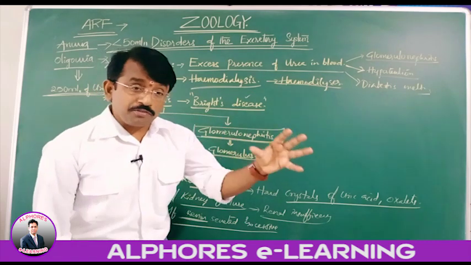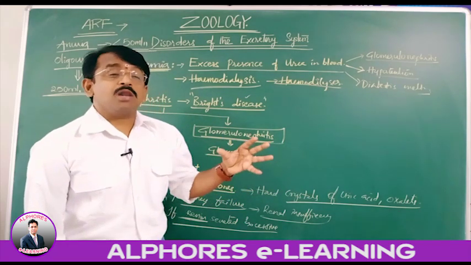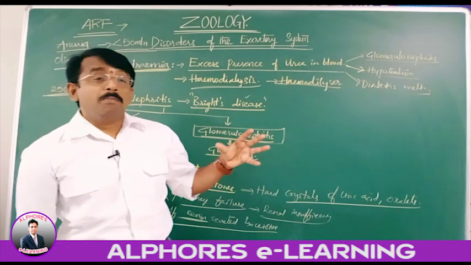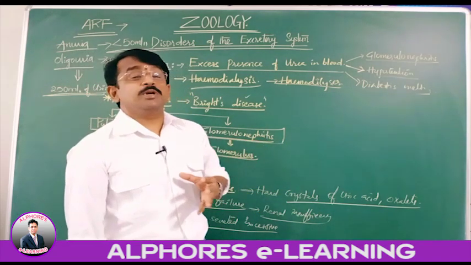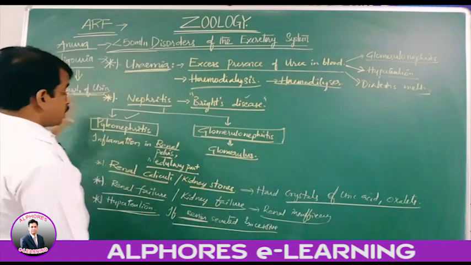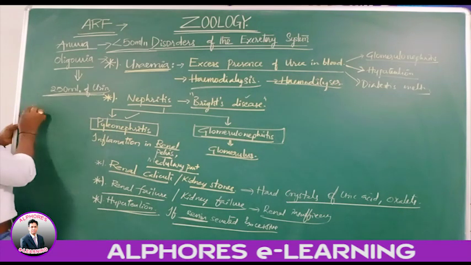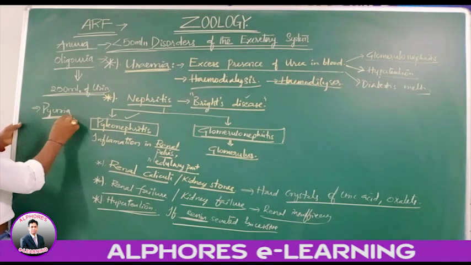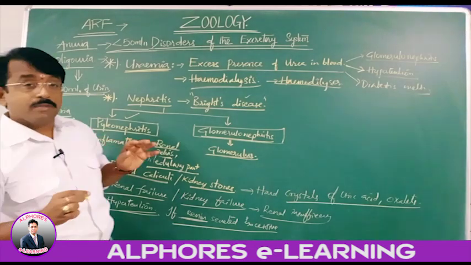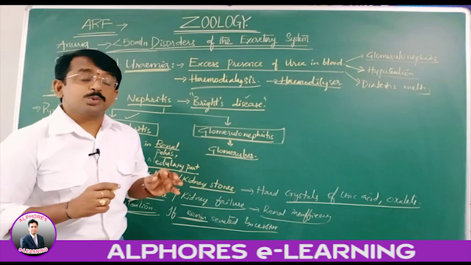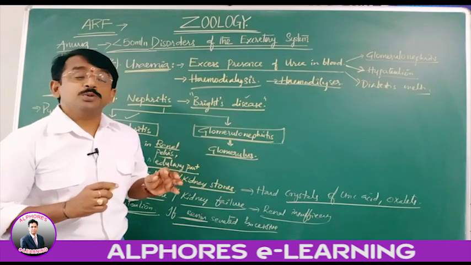If albumin is lost through the urine, albuminuria. And if it is blood loss through the urine, hematuria. And besides that, pyuria is also seen. Pyuria is the loss of WBCs through the urine.